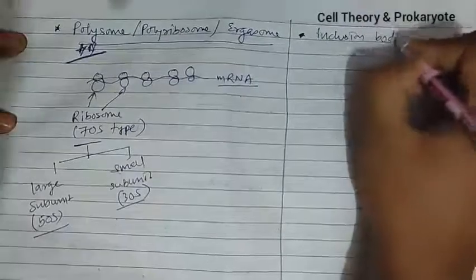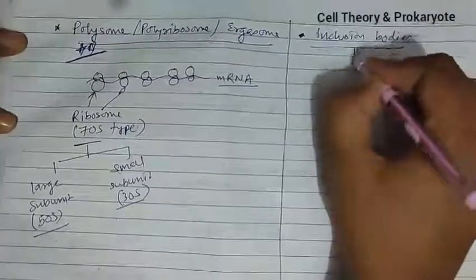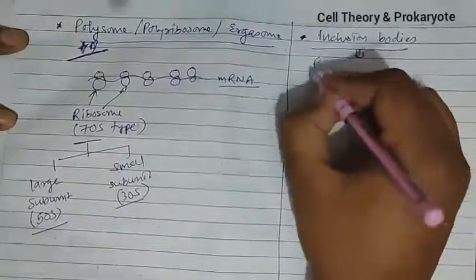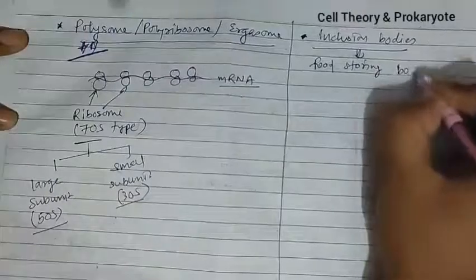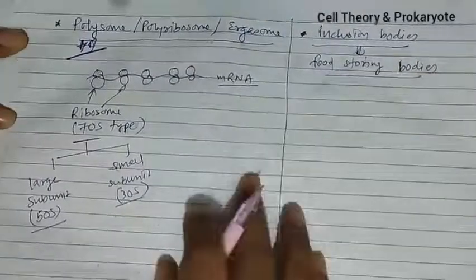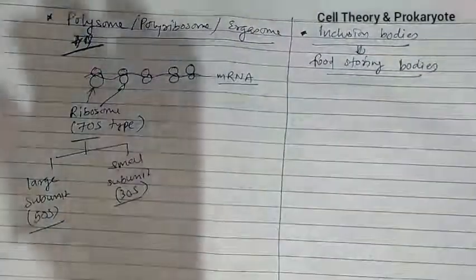Okay, after polysome we talk about the next structure, that is inclusion bodies. Now these inclusion bodies are the food storing bodies in case of the prokaryotes.